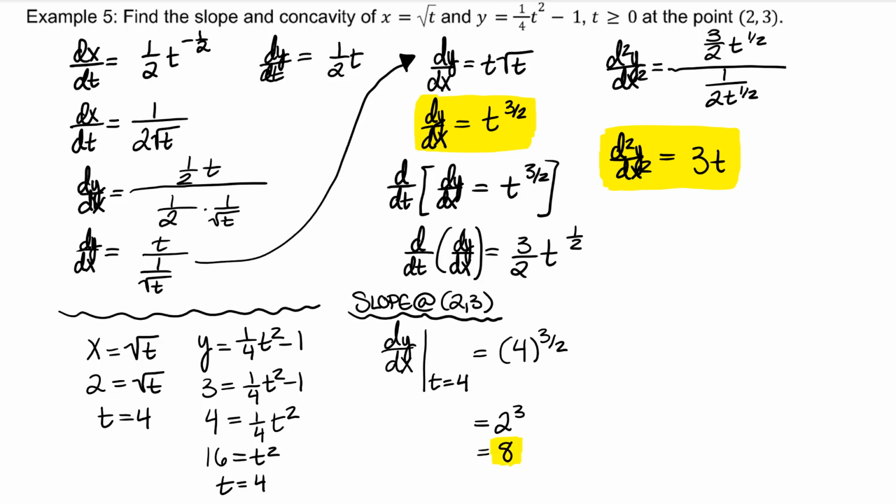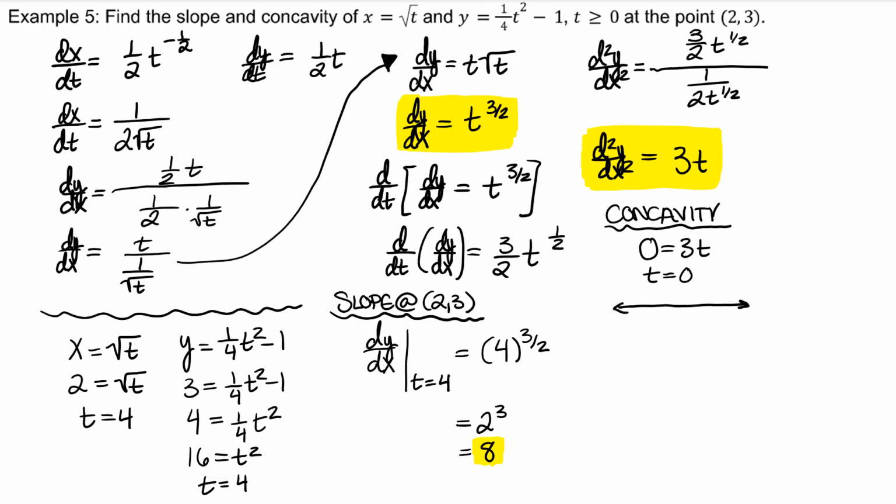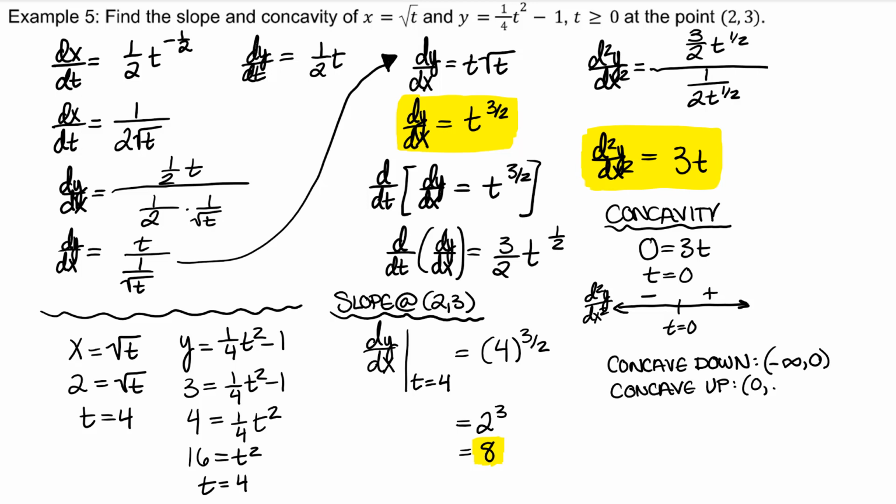To find the concavity, we'll make the second derivative equal to 0 and check the signs on either side. When t is negative, our second derivative is negative. When t is positive, our second derivative is positive. So our parametric equations are concave down when t is less than 0 and concave up when t is greater than 0.